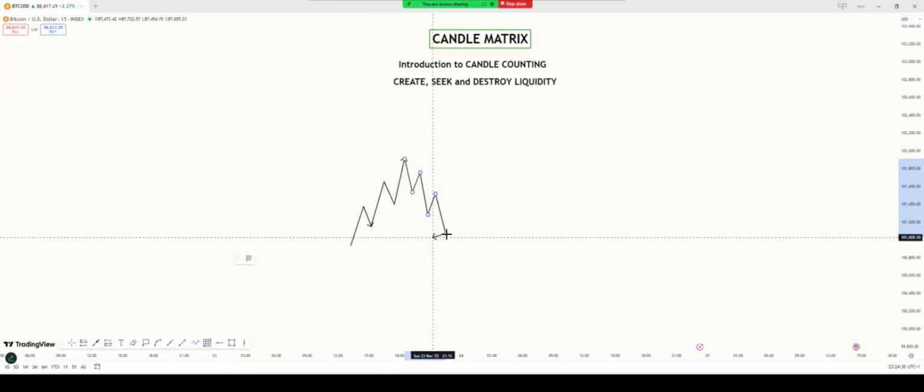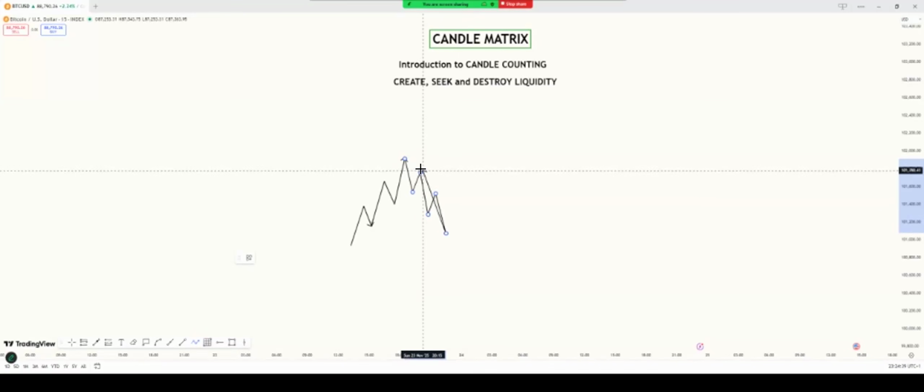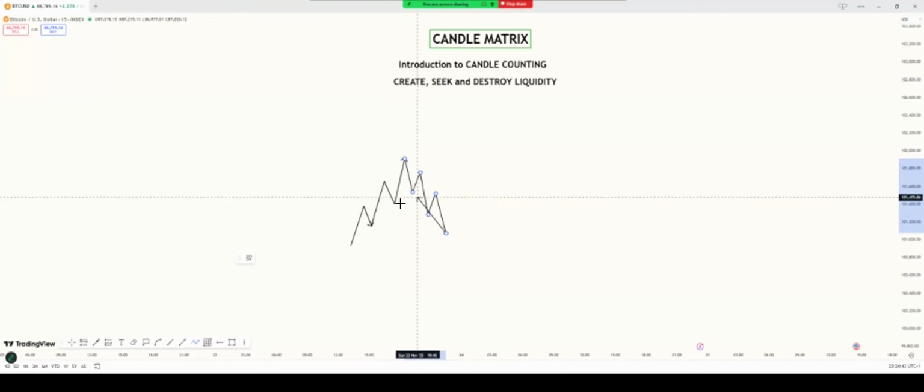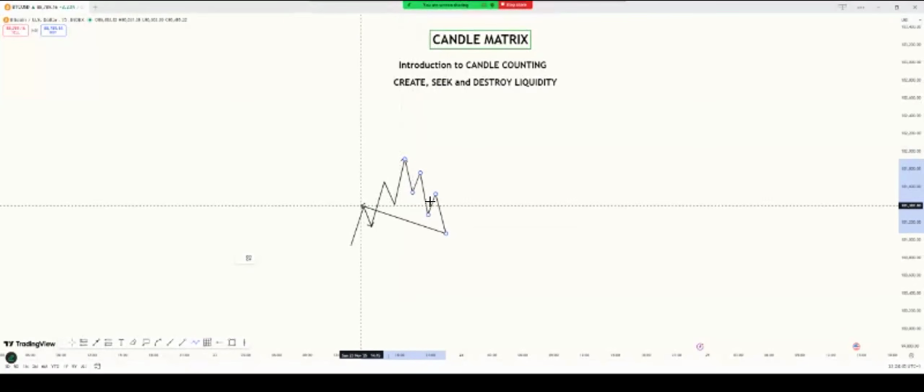And we want to understand and believe that there is liquidity resting above this high. There is liquidity resting above this high and below these lows, 1, 2, 3, above this high, and so on.